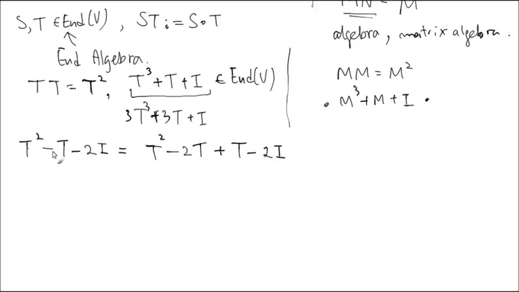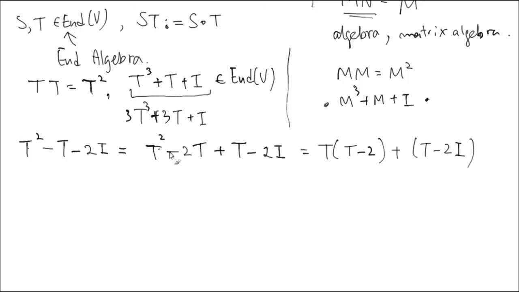Is that okay? The negative T is negative 2T plus T because it's a vector space. The endomorphism space, before we do the algebra, is a vector space, right? Correct? So negative 2T plus T is negative T. Now, I hope you see this. This one is actually like this, and I'm going to do it like this, plus T minus 2I.